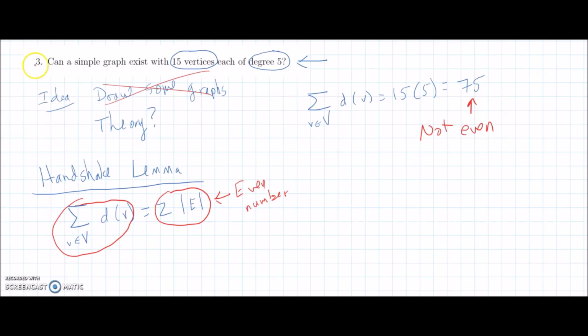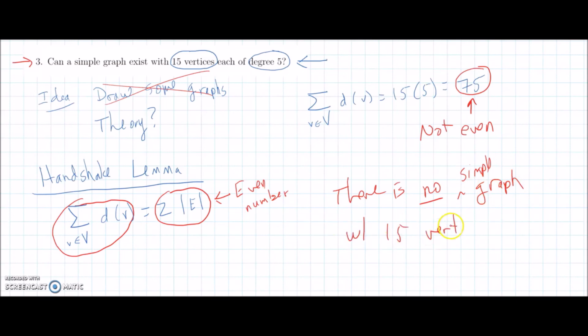And if we assume that this statement is possible, we get an odd number. That means that statement is impossible. So the answer is, there is no simple graph with 15 vertices, each of degree 5. It's impossible for that to happen because of the handshake lemma. And that's how you'd solve a problem like that.